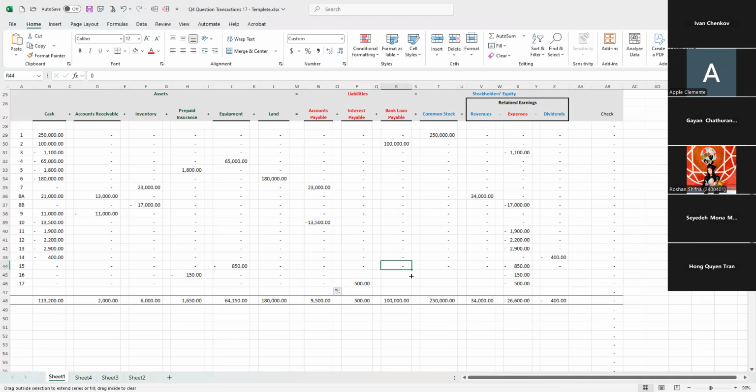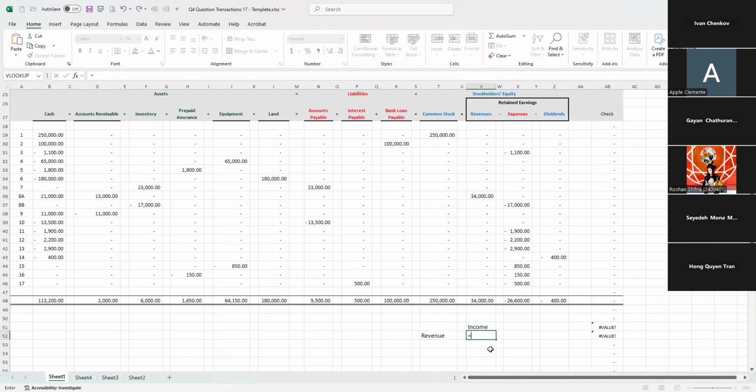We can see everything. From here, I can prepare the income statement. Can I? Yes. How much is my income? Do I have my revenue? Yes, sir. My revenue is 34,000.